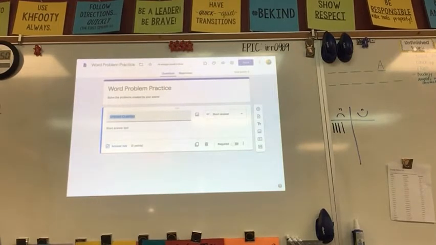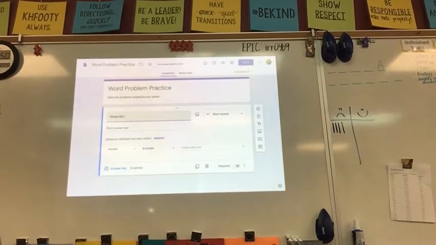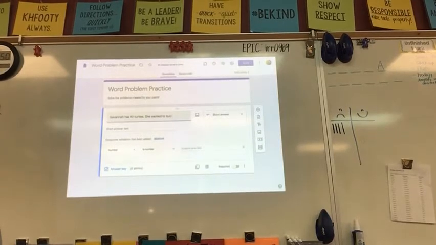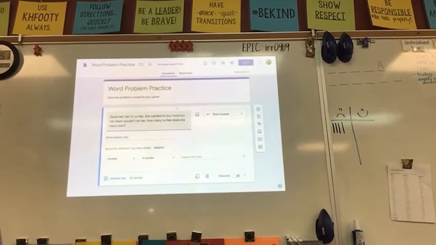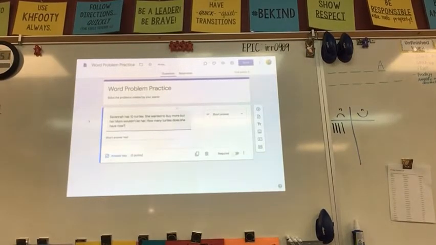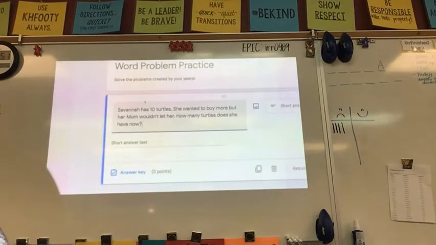Savannah has 10 turtles. She wanted to buy more, but her mom did not let her. How many turtles does she have? Can I do an equal shares to solve this one? How can we adjust this?